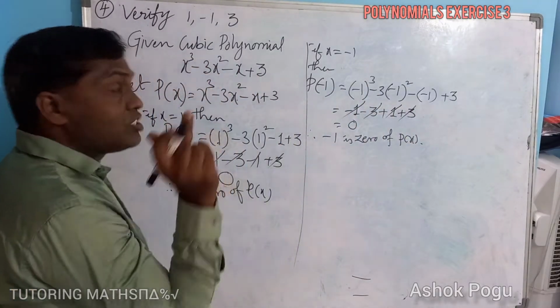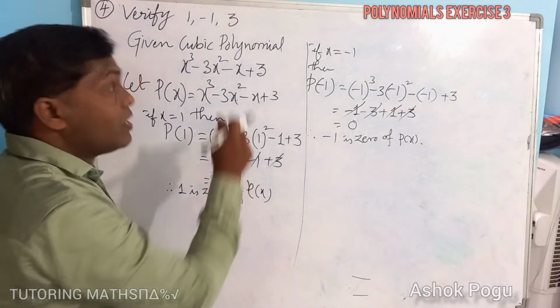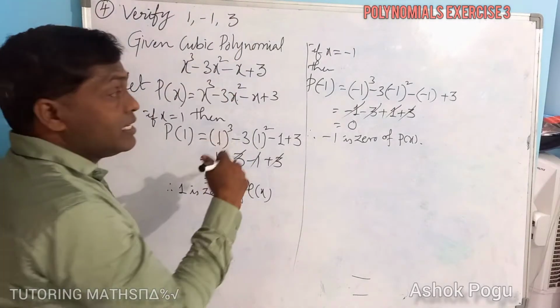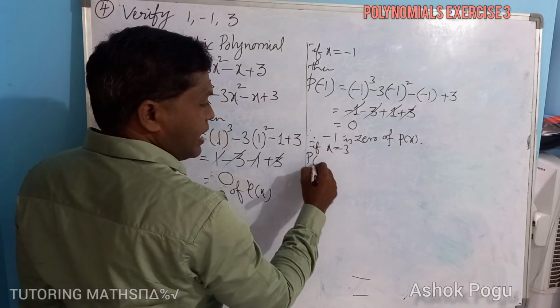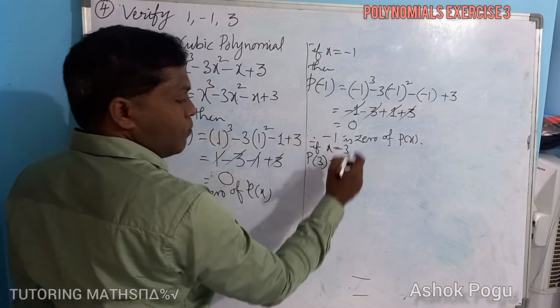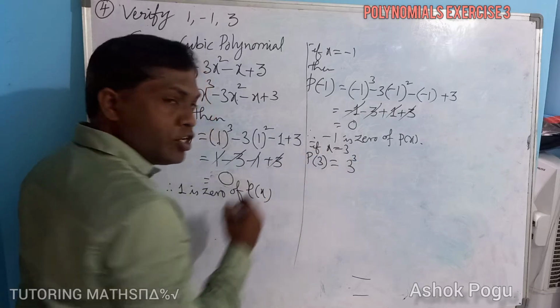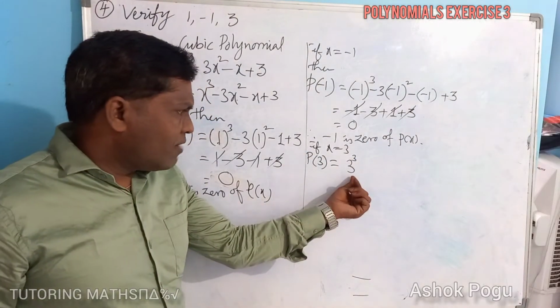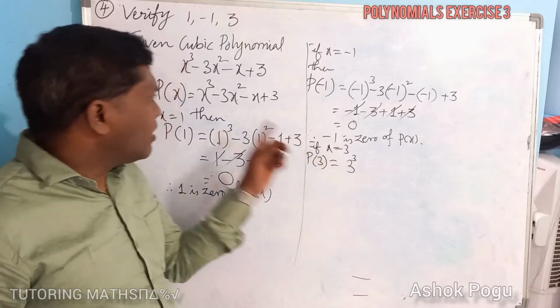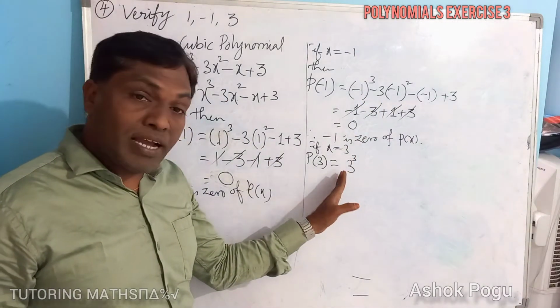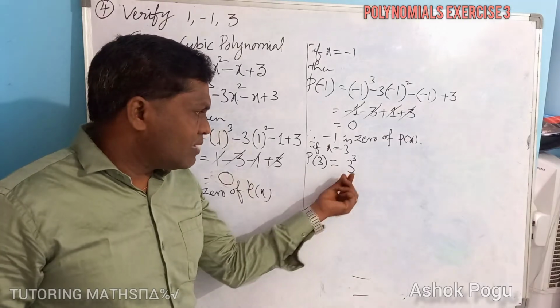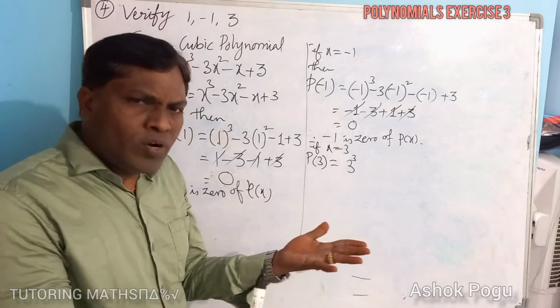And coming to the last value, let us check whether 3 is a zero or not. If x is equal to 3, then p of 3 is equal to x cube, 3 cube. I have not taken a bracket. You can question me, Sir, we have taken brackets for every number, why not here? But whenever the base is positive, you need not take one.